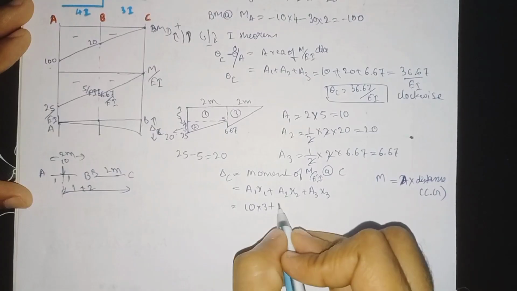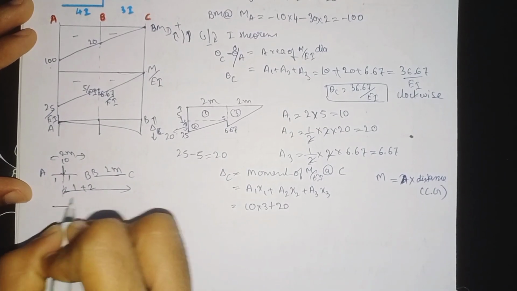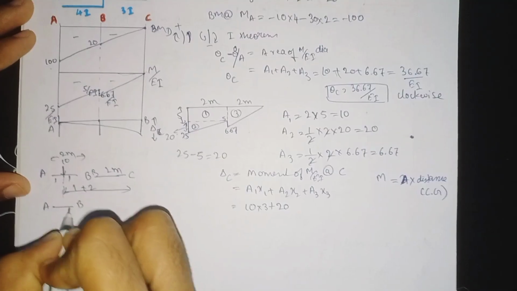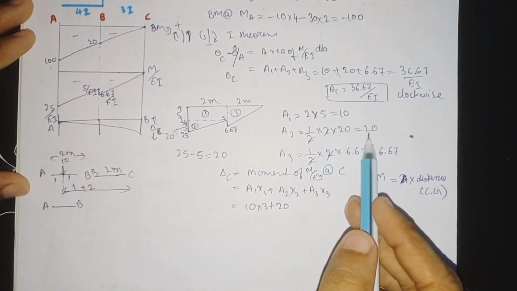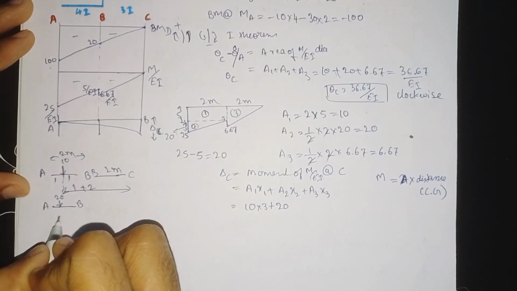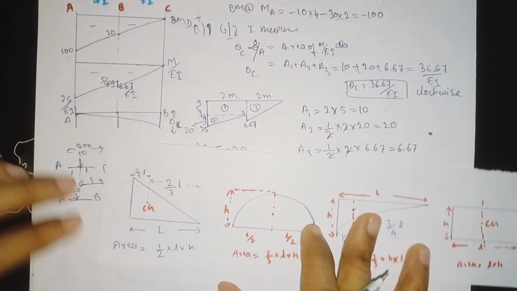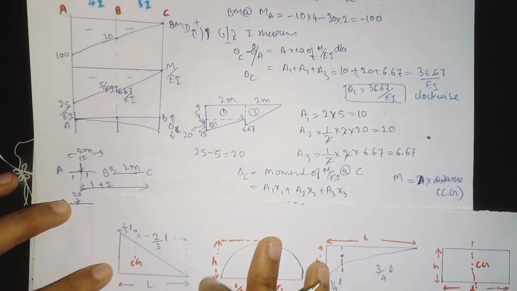Similarly, for A2 the value is 20, and for x2, member AB has two loads, one is 10 and the other is 20. The 20 is not acting at the center, it is acting here.